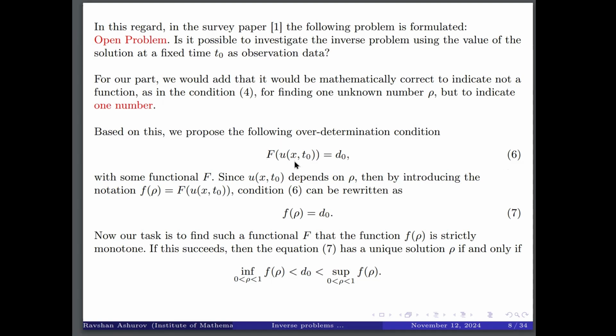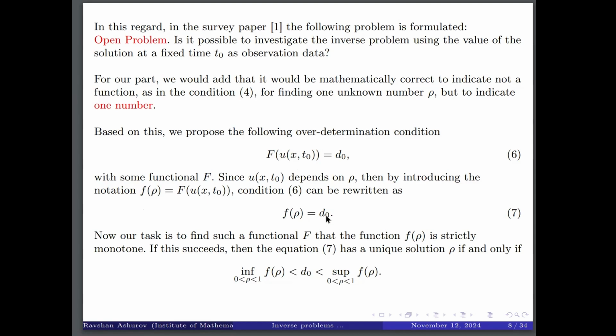The solution depends on rho, so on the left-hand side we have a function of rho, f of rho. So 6 you can rewrite in the form of 7. Now, if you want to find rho from this equation and you can prove that f of rho is a monotone function, then everything is fine, you can restore rho.